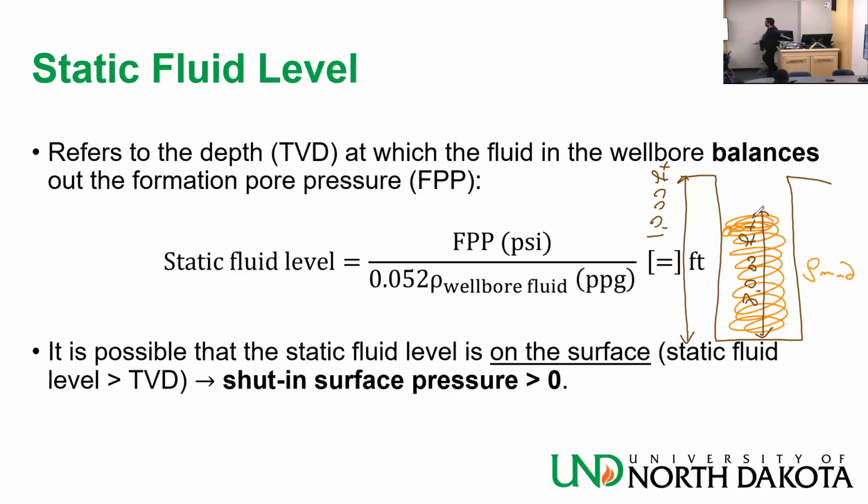If I have orange mud of 8,000 feet, the bottom hole pressure here, which is calculated by 0.052 times rho mud times 8,000 feet, would be equal to the formation pore pressure, what I'm trying to drill through. Say that the rho mud is 9.62 ppg. 9.62 times 0.052 is 0.5, times 8,000 is 4,000 psi. Say that FPP is 4,000 psi.